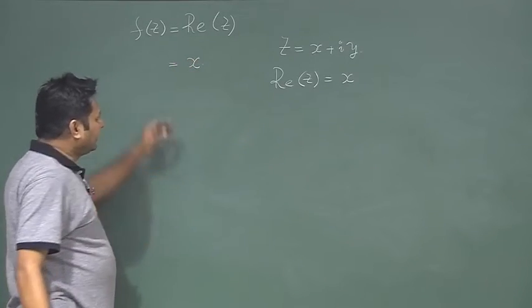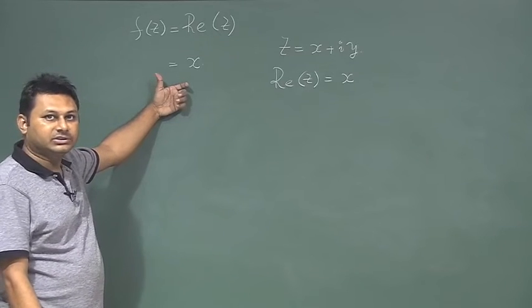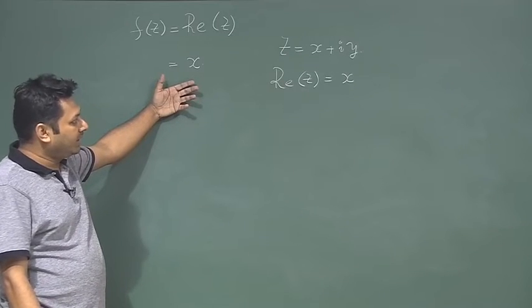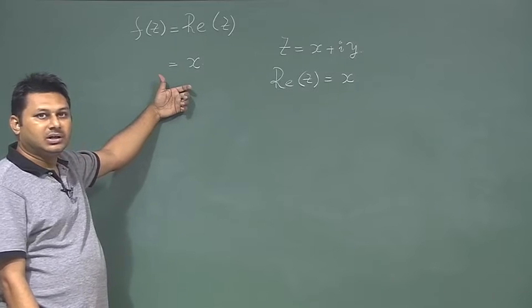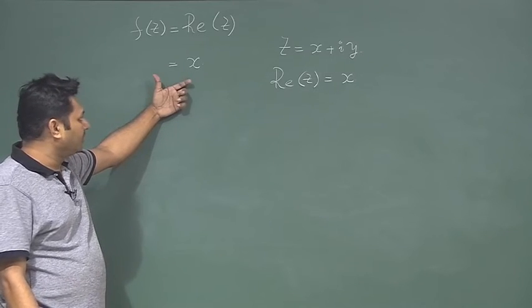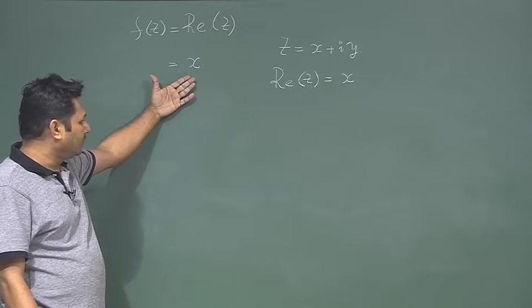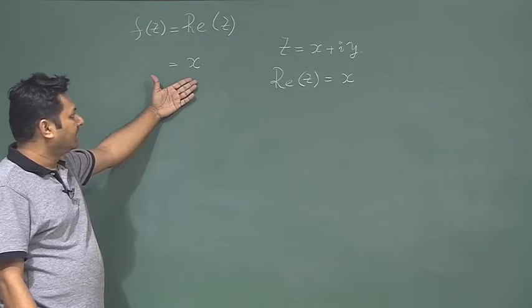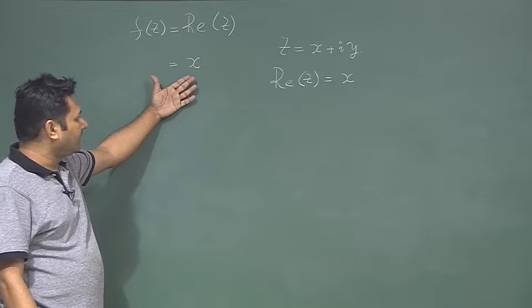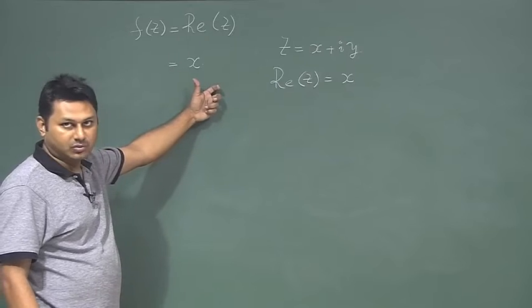Now, the question is, is this an analytic function? Two ways you can check. First, you can use the Cauchy-Riemann equation. If you write u plus iv, then you will find that u is x and v is 0.